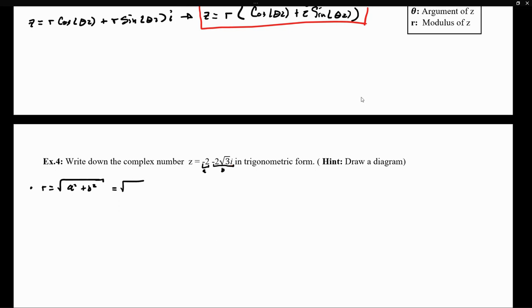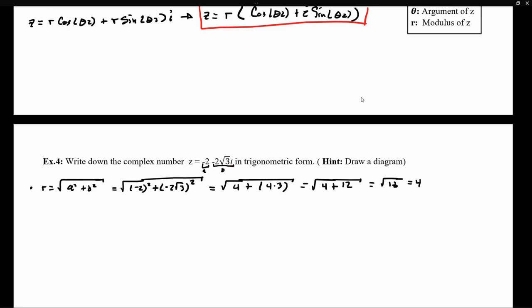The real is negative 2, and the imaginary is negative 2 square root of 3. This is how we define the modulus, or at least the value of r. If we compute this, the first one is 4, and the second one is 4 times 3. So now we have 4 plus 12, which is just 16. And the square root of 16 is just 4.